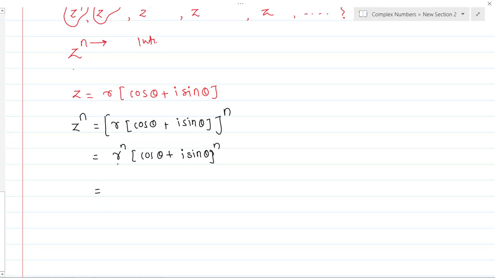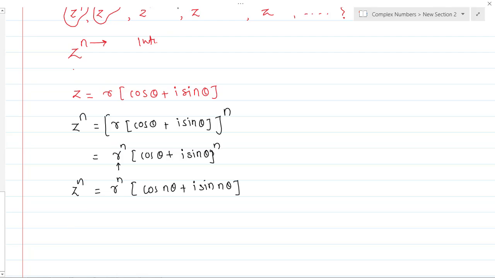Getting the power of a constant number is not a problem, but getting the power of this term, cos theta plus i sin theta, is very difficult. So what De Moivre's theorem says is that its power is nothing but cos of n theta plus i sine of n theta. That's it. You will get the power of z.